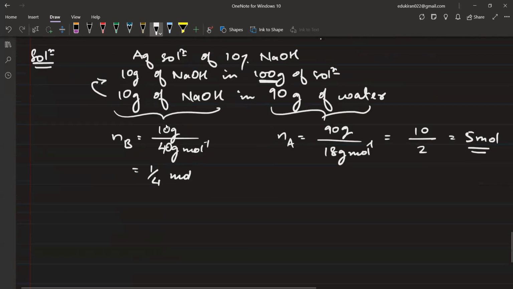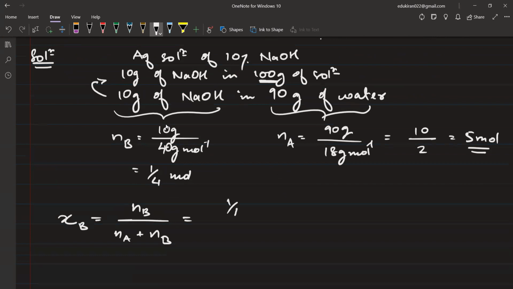Now what you need to do? Mole fraction. Number of moles of solute divided by number of moles of A plus number of moles of B. So this will be equal to 1 upon 4 divided by 5 plus 1 by 4. Please calculate this.